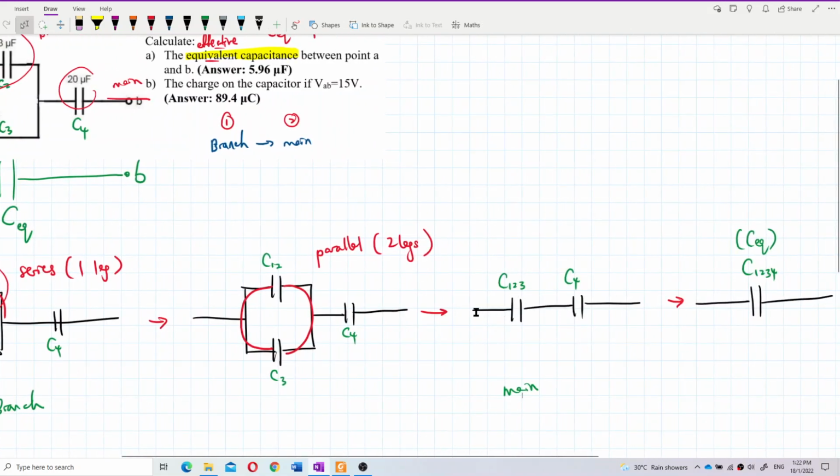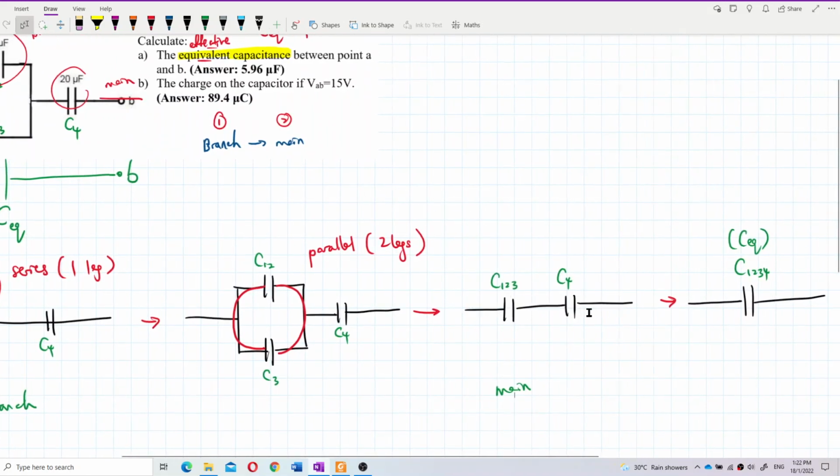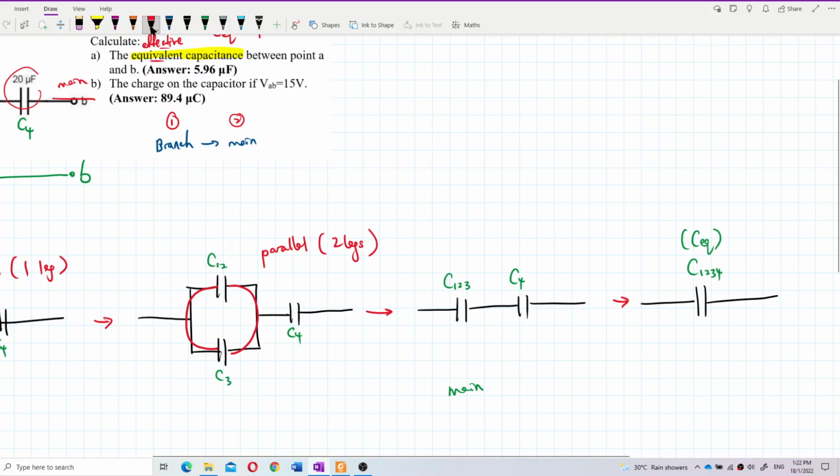Now C123 is in the main circuit with C4. We can clearly see these two are in series. Let's look at C123. One leg of it connects with C4, and the other leg of C123, we don't know who it connects to. Same goes for C4, it also only connects one leg.